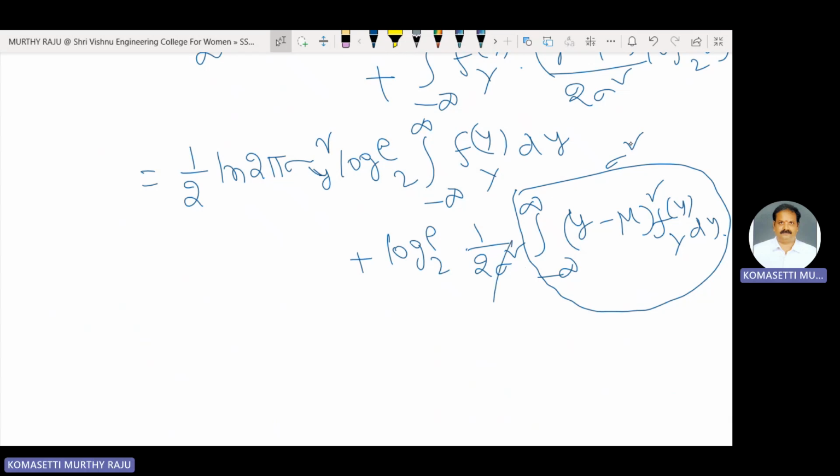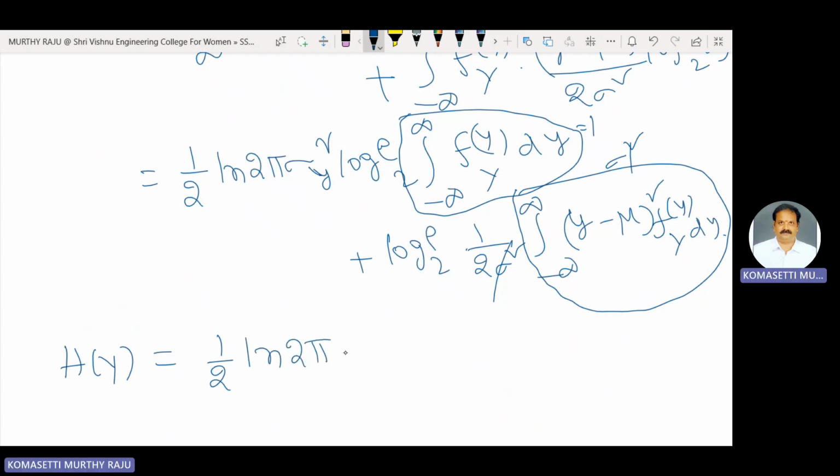The sigma square and sigma square is cancelled. This entire one value is 1 because the sum of the probability density function value, the integral minus infinity to plus infinity, is 1. Final here is 1 by 2. H of y is equal to 1 by 2 ln 2 pi sigma y square log e to the base 2 plus 1 by 2 log e to the base 2.